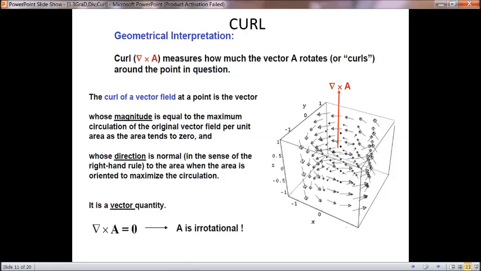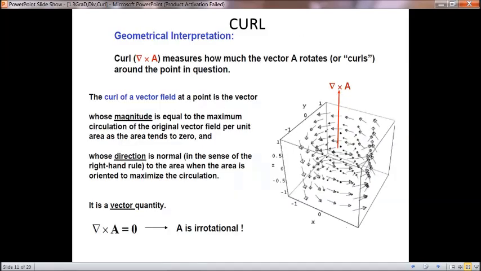So we have to quantify in each and every direction what the amplitude is. Otherwise, the curl of a vector field at a point is the vector whose direction is normal and whose magnitude is equal to the maximum circulation of the original vector field.